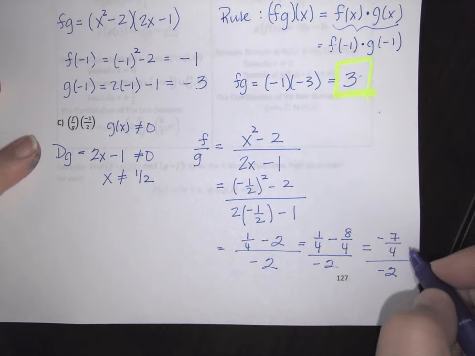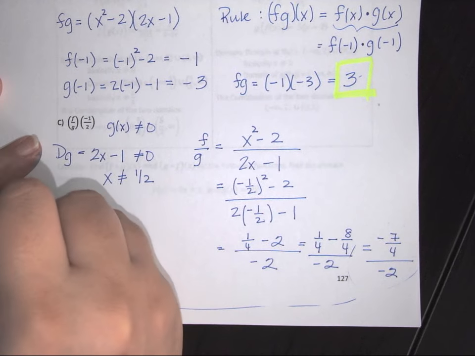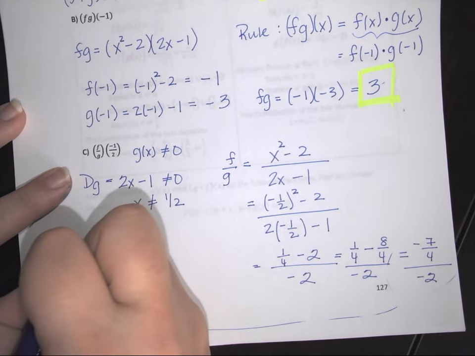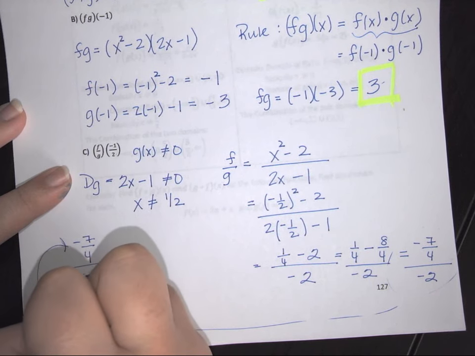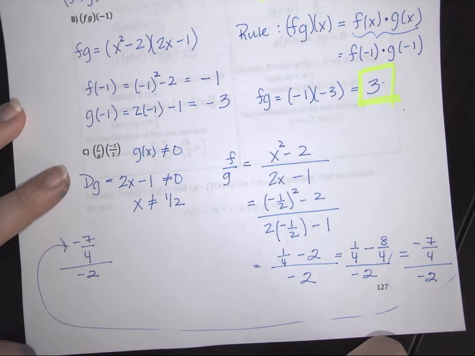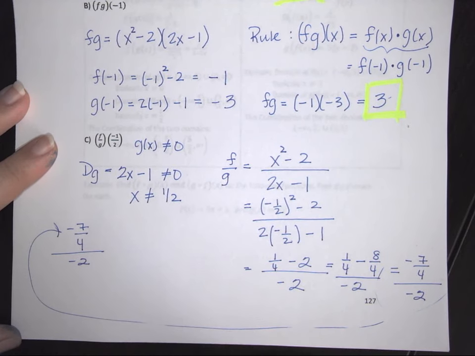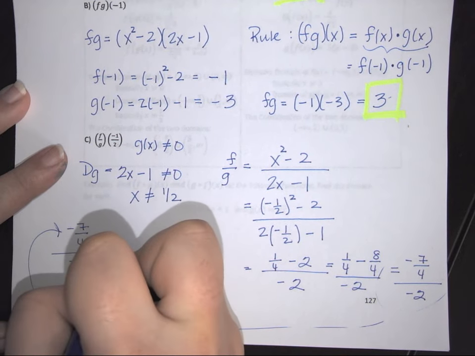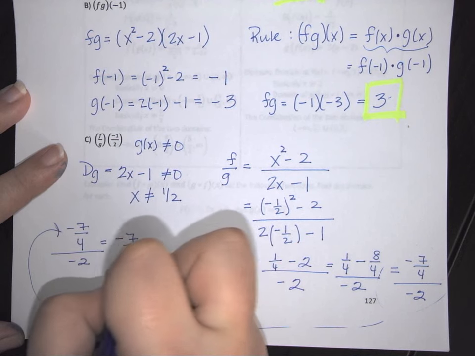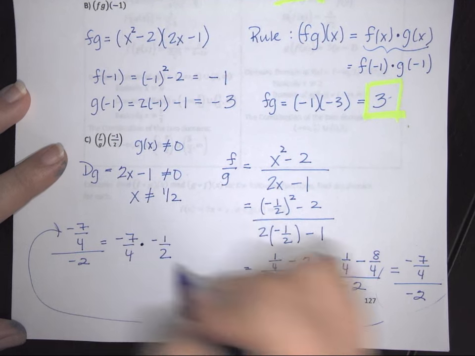So I'm going to take this and go ahead and finish it over here. So I have negative 7 over 4 divided by a negative 2. Well, the rule for that is keep the top, change the sign to multiplication, and flip the reciprocal of the bottom. So this is going to be the same as negative 7 over 4 times a negative 1/2.